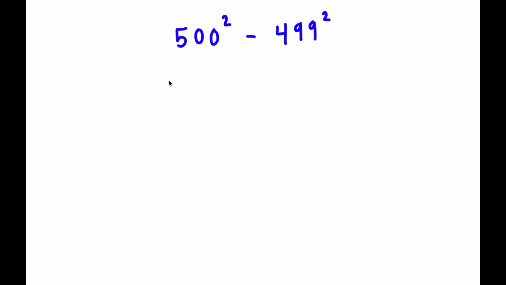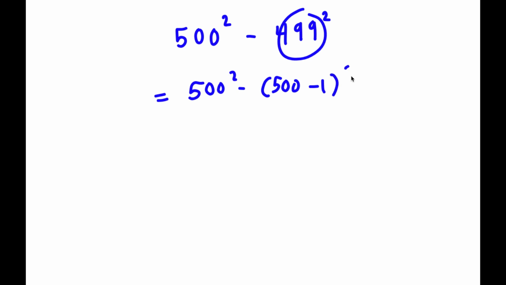Alright, so in this problem, I have 500 squared minus 499 squared. So to solve this, I'm going to first start by rewriting 499 here as 500 minus 1. So now I have 500 squared minus 500 minus 1 squared.